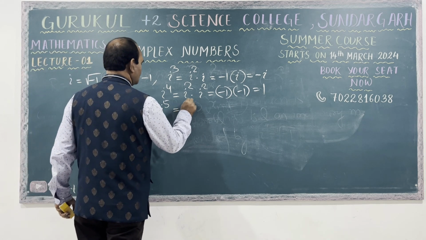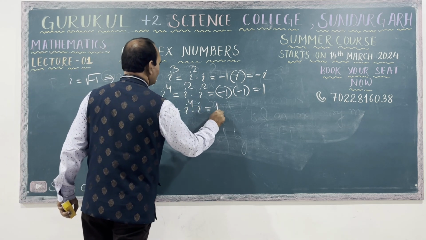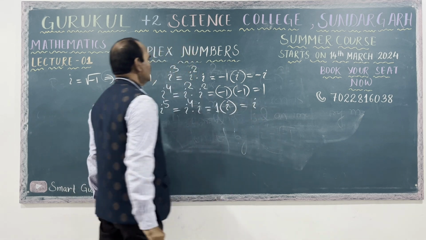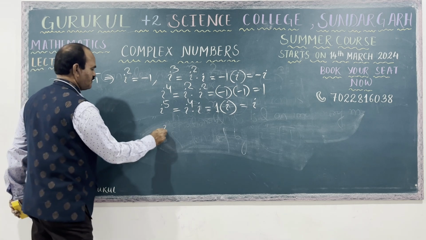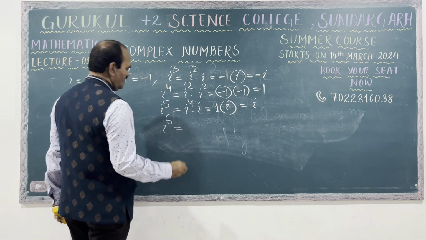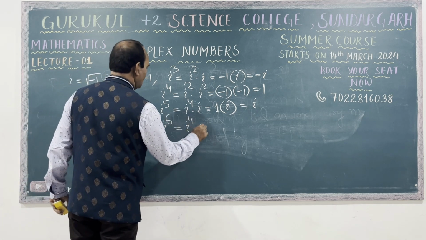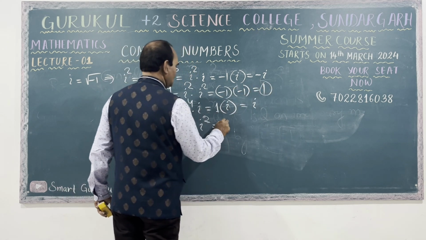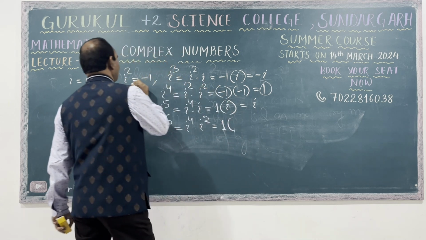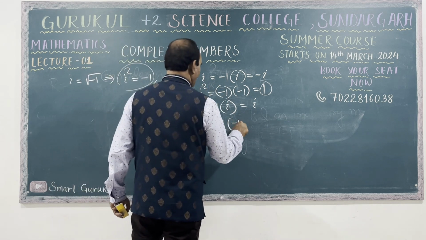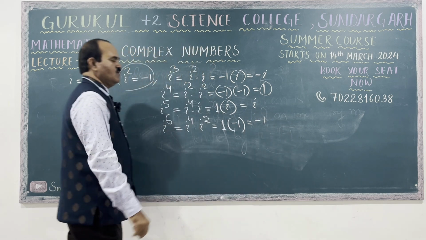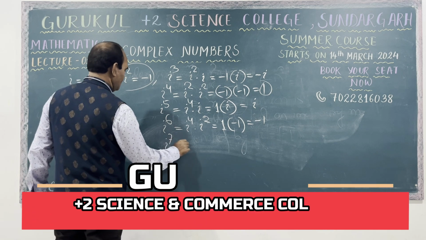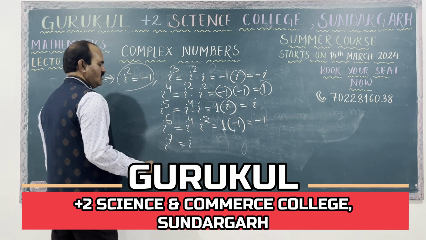This equals I power 4 into I, which is 1 into I, equal to I. Similarly I power 6 equals I power 4 into I square, I power 4 is 1 and I square is -1, so the final answer is -1.